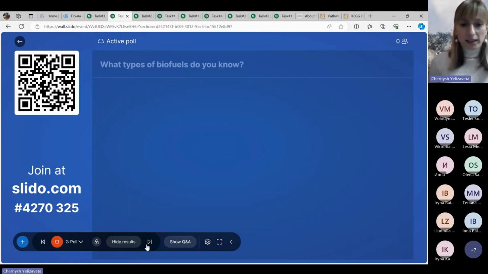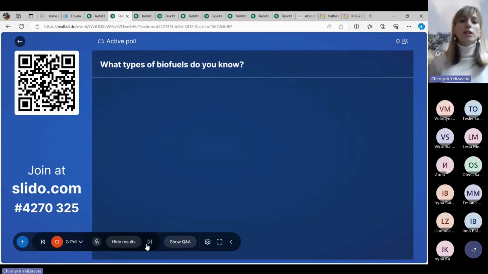The next question we can go to: what types of biofuels do you know? I think it's a very easy question for you, because previously we discussed these types of biofuels. So please write your opinion.